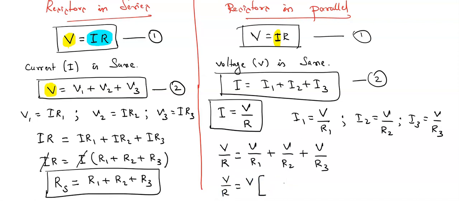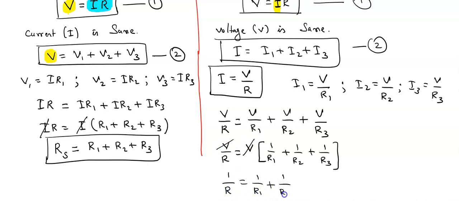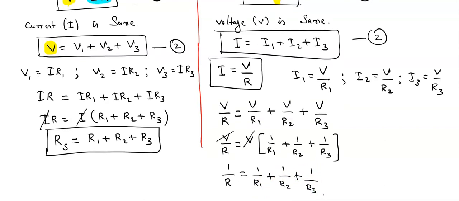If I take V as common, then we get 1 by R1 plus 1 by R2 plus 1 by R3. Now this V and this V get cancelled, then 1 by R is equal to 1 by R1 plus 1 by R2 plus 1 by R3.